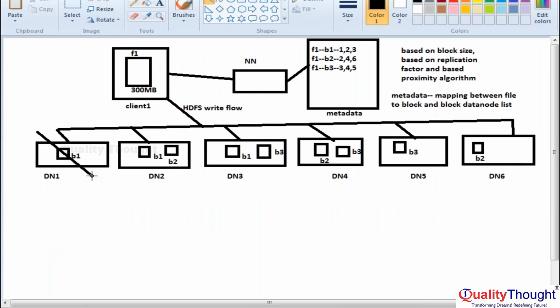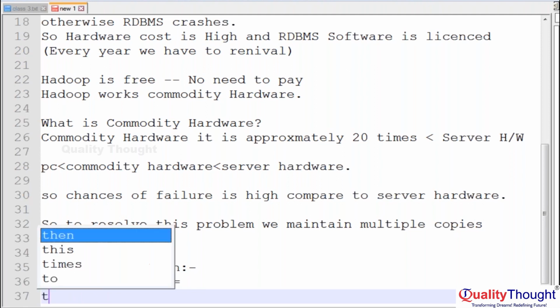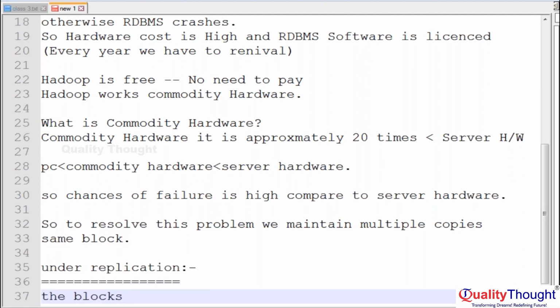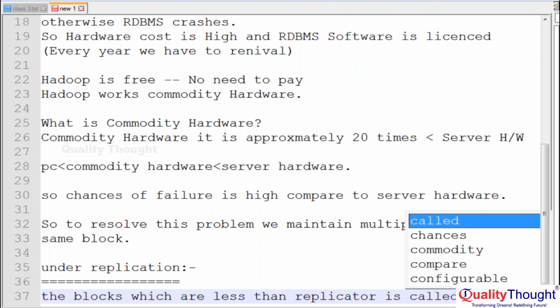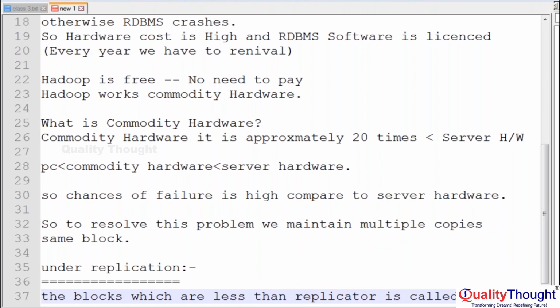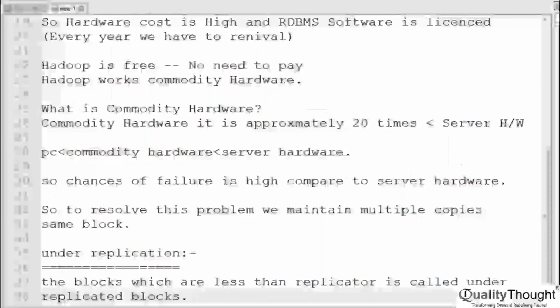If any machine is down, simply we say the blocks which are less than the replication factor are called under replicated blocks. Under replicated blocks.